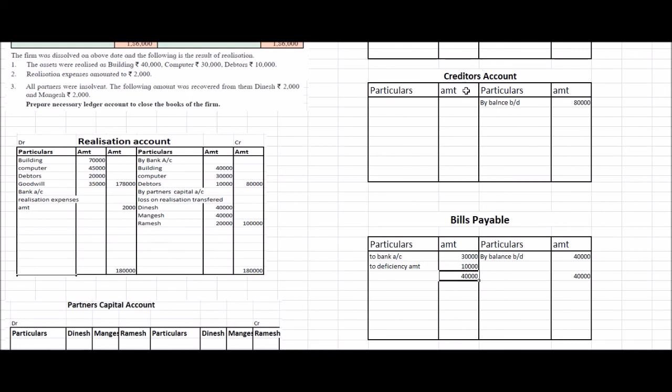And now on the creditors side, the credit side is 80,000 rupees and the deficiency amount is 20,000 rupees. To deficiency amount 20,000 rupees, and to bank account 60,000 rupees.